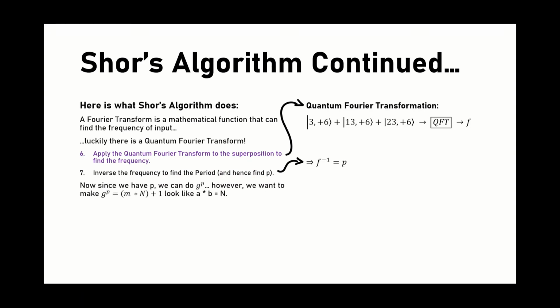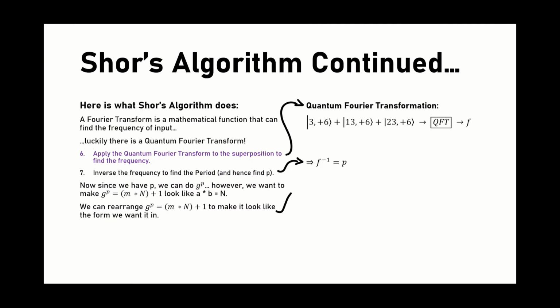And since we have p, we can do g^p. However, we want to make g^p equals m, some multiple of n, plus 1, look like what we want to find, which is a times b equals n. So we can rearrange g^p equals some multiple of n plus 1 to make it look like a times b equals n.